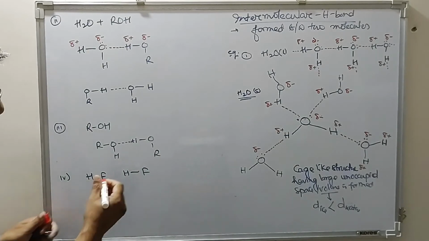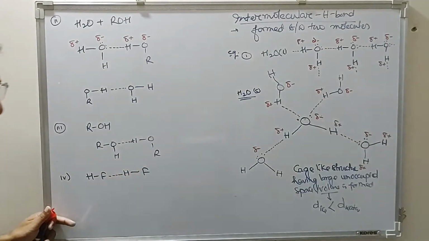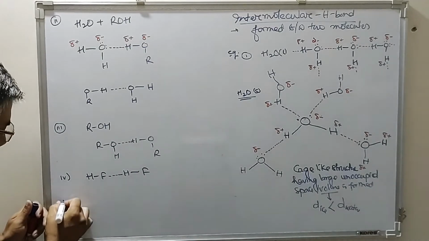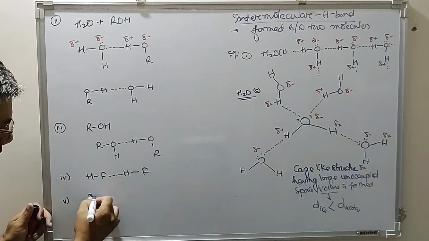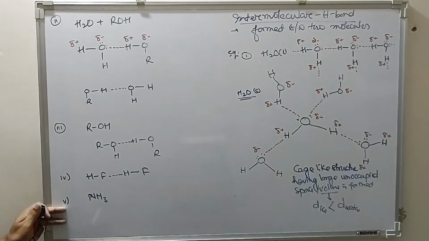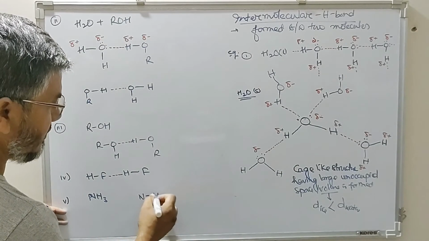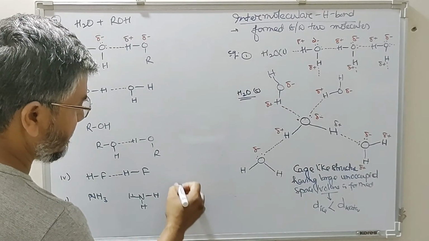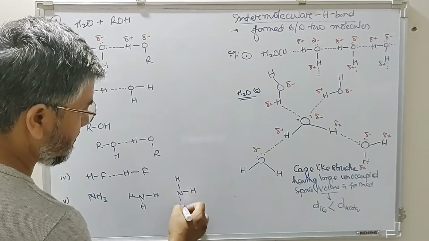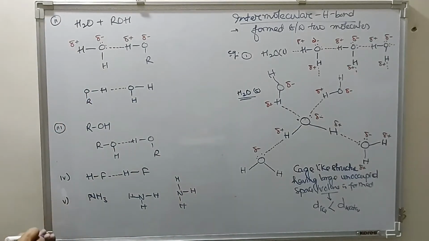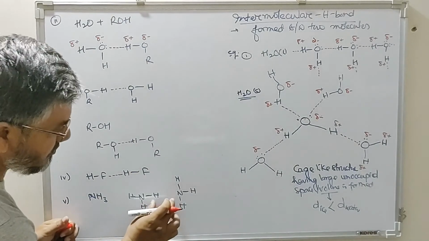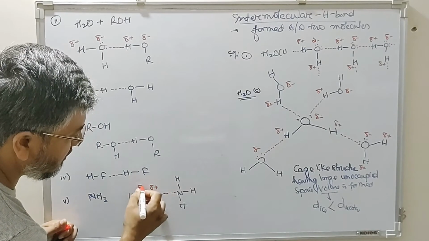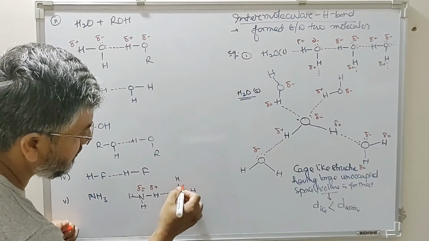So again there is an ideal condition for formation of intermolecular hydrogen bond. Similarly, look at this, we can have hydrogen bond between NH3 and NH3. So look at this, nitrogen, hydrogen, hydrogen, hydrogen. You have nitrogen, hydrogen, hydrogen, ammonia, ammonia. So this hydrogen sandwiched between two nitrogens, again this forms intermolecular hydrogen bond.